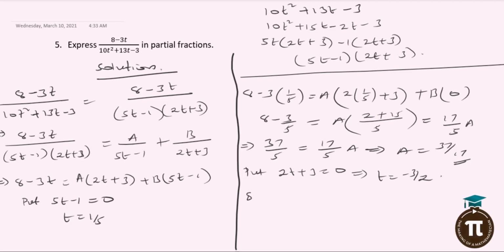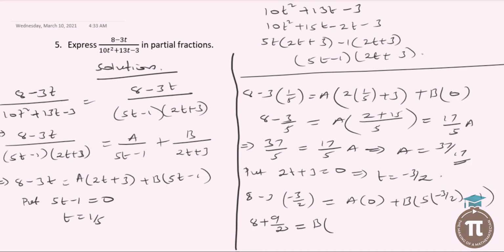So I have 8 minus 3 times minus 3 over 2 to be equal to A times 0, obviously, plus B multiplied by 5 times minus 3 over 2 minus 1. So minus times minus will actually give me plus, so that I will have 8 plus 9 over 2 to be equal to B.